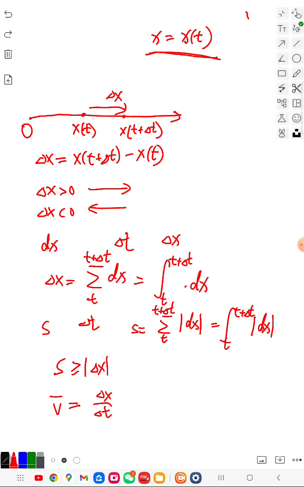So the average velocity v we can easily see is a vector because it represents direction. It has a direction because it's associated with displacement. So when the average velocity is positive, it represents that the particle is moving towards the positive of the x-axis, and when it is negative, it is moving backwards.